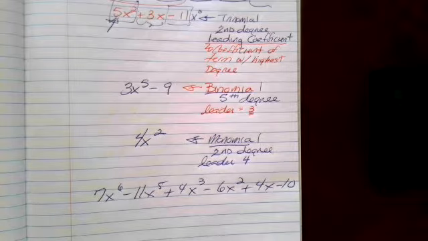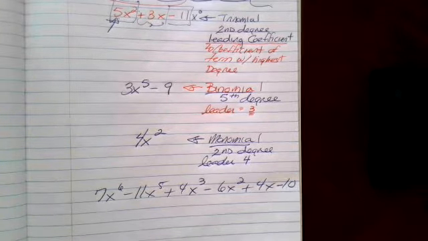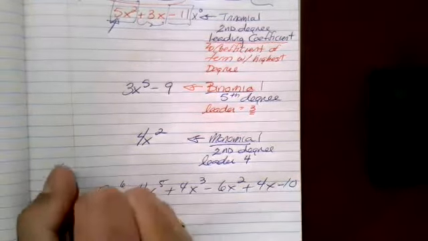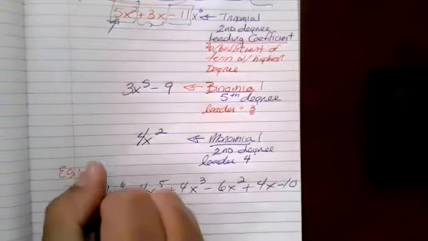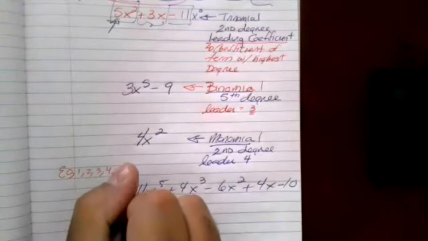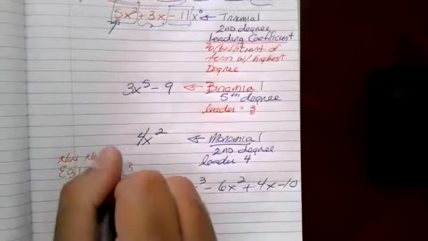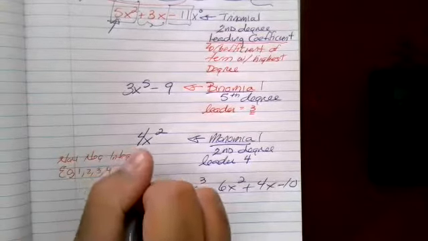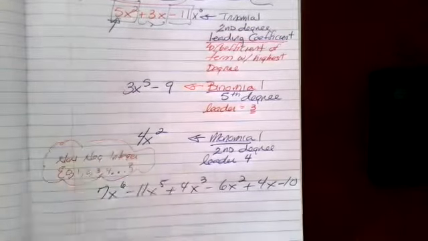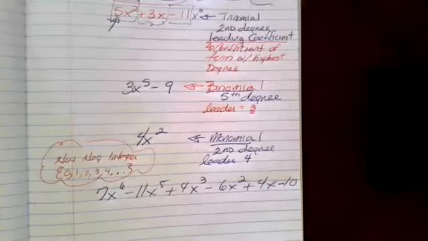So you couldn't have x to the 3/4, or x to the negative 3. Non-negative integers are 0, 1, 2, 3, 4, dot, dot, dot. So your exponents always have to be non-negative integers.